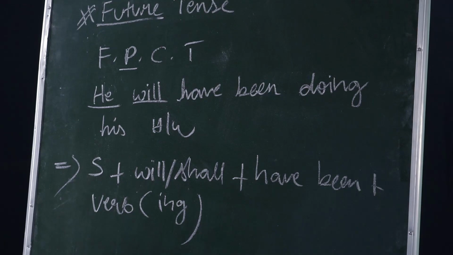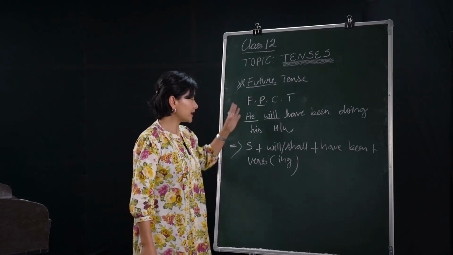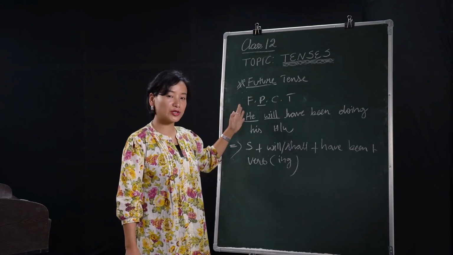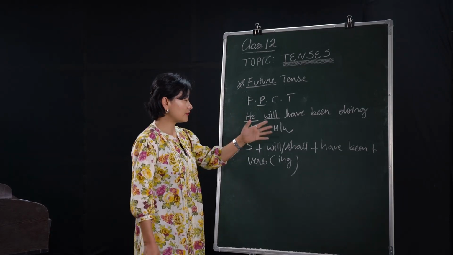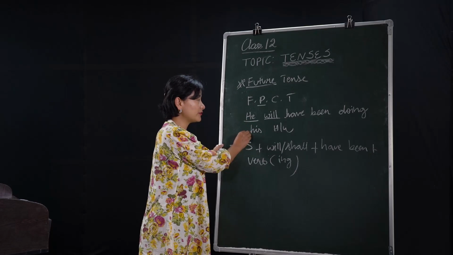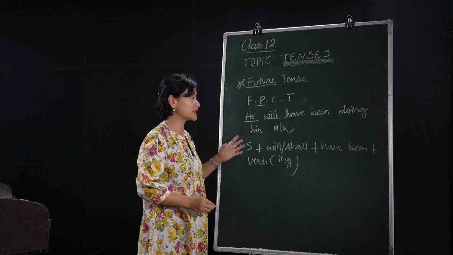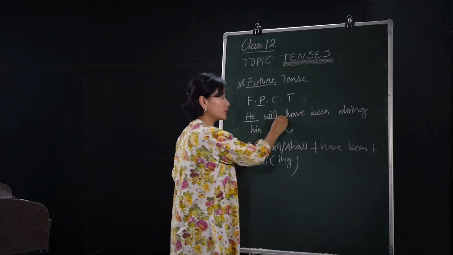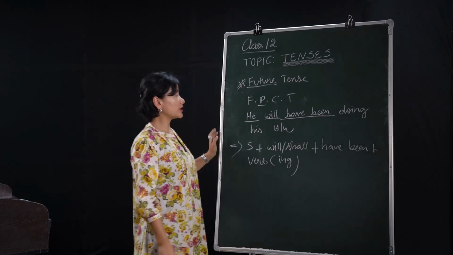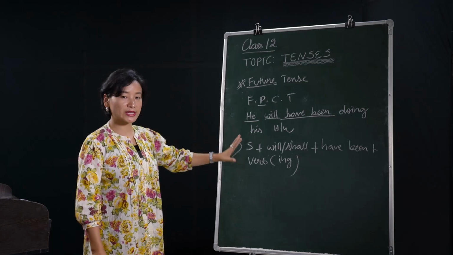And if it is perfect, we are referring here to an action that would be completed in the future. So here, he will have been doing his homework, that is in the future perfect continuous tense. Why? Because we are referring to an action in the future which would have been perfected.